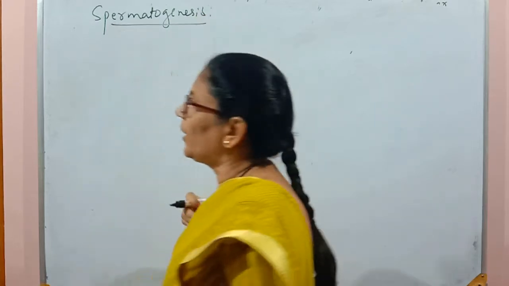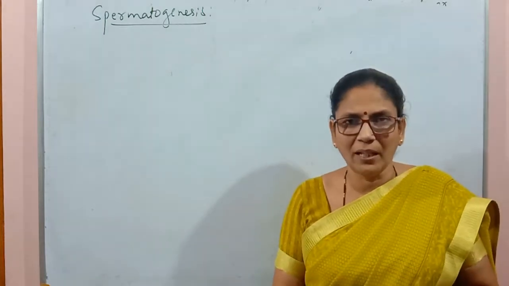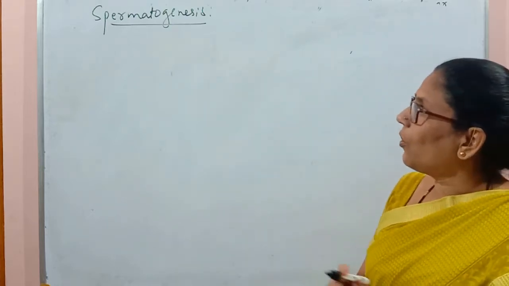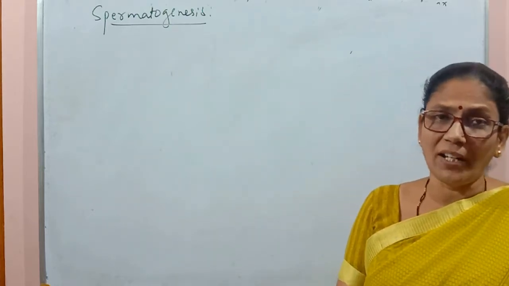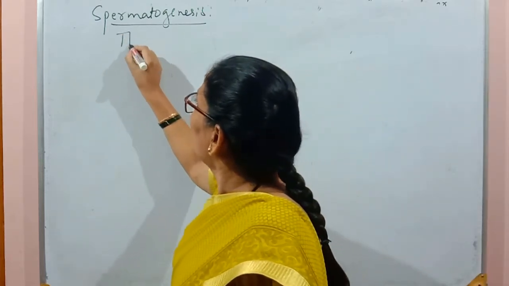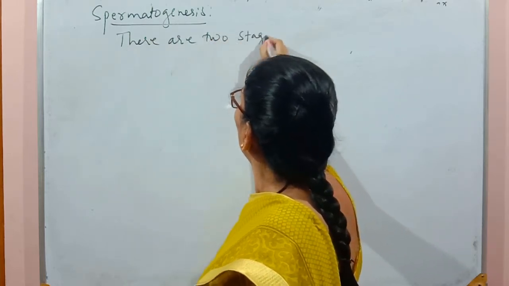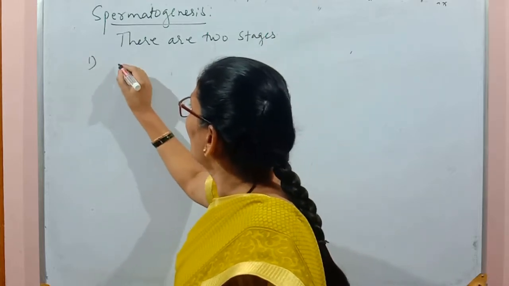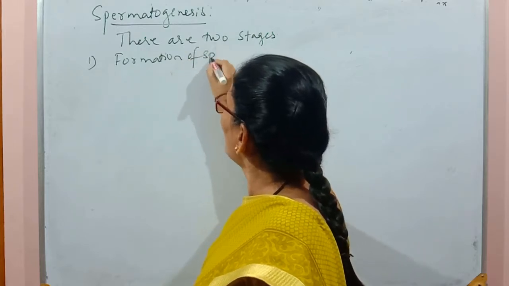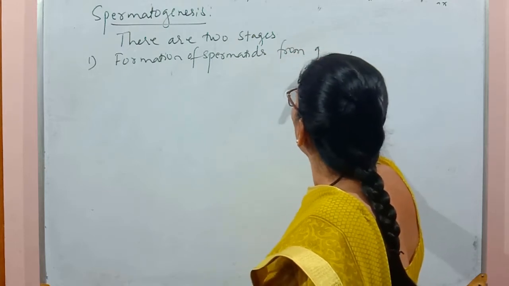So already we know the definition of spermatogenesis, which means formation of male gametes or sperms within the testes. This whole spermatogenesis process is divided into two stages. The first stage is formation of spermatids from germ cells.